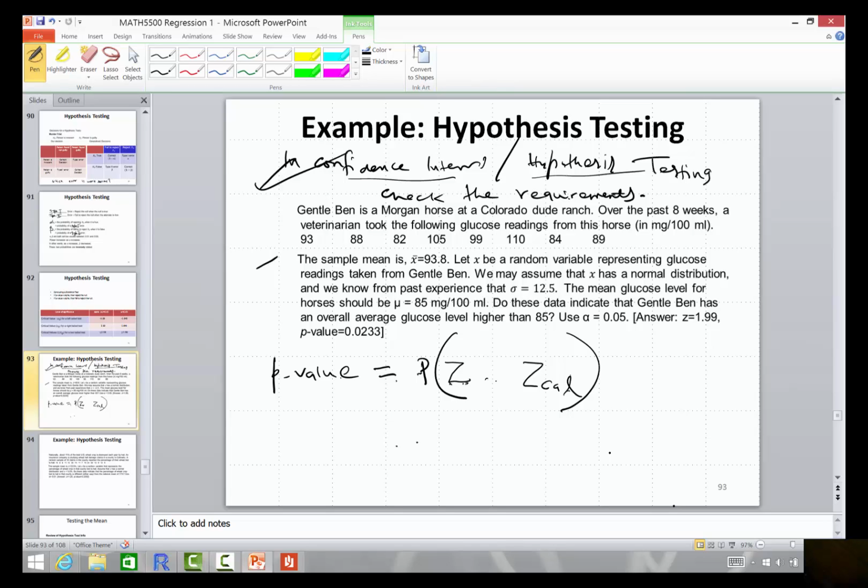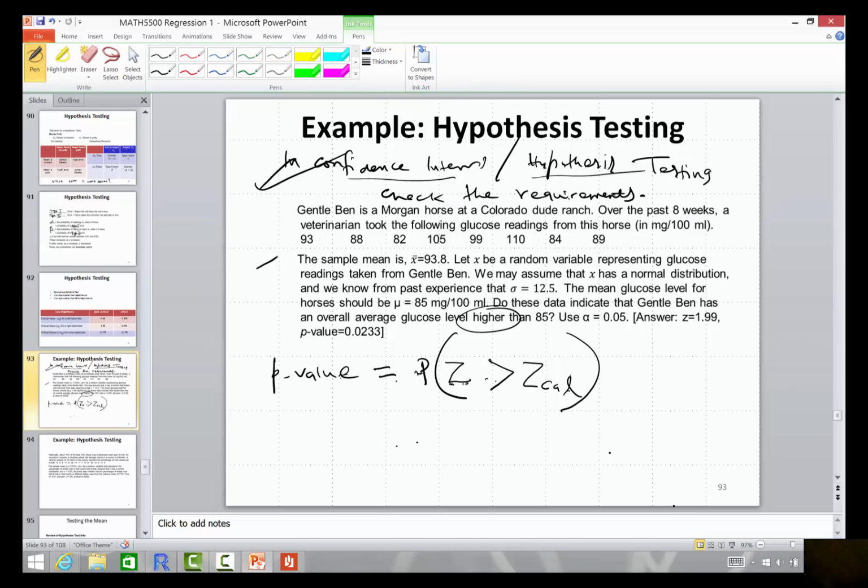Always this rule works. The p-value is the probability that the test statistic G, and then G calculated here, and over here the sign is coming from the problem. The problem is saying higher. This is how you calculate the p-value. I think this should be clear now.